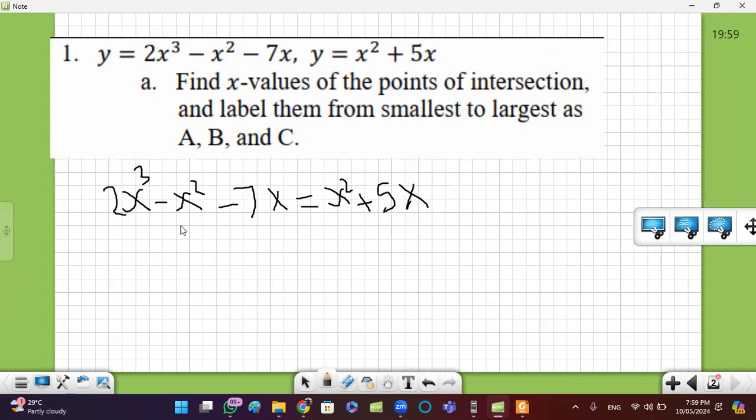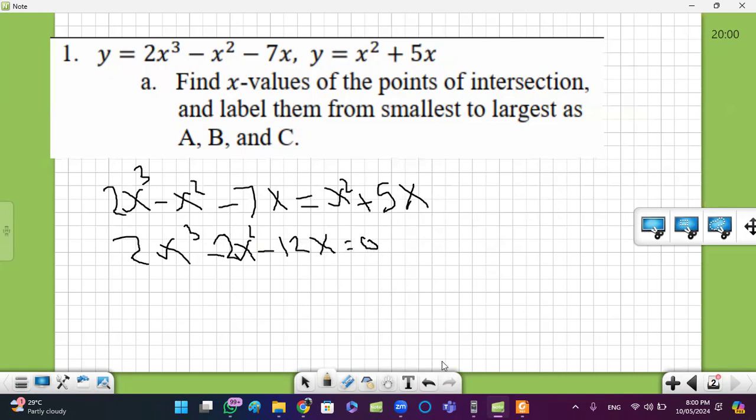So it will be 2x power 3 minus 2x power 2 minus 12x equal 0.